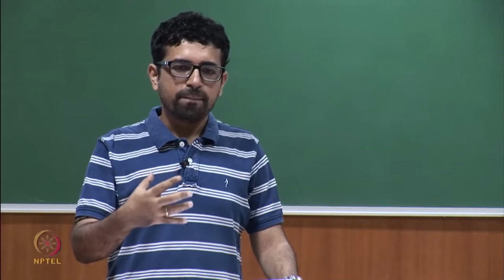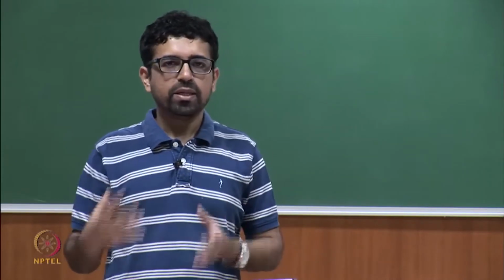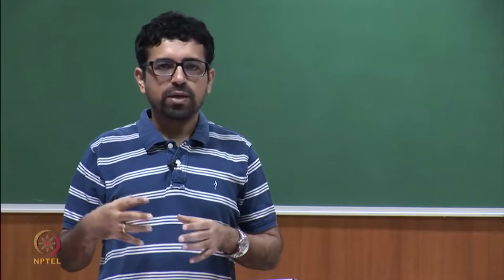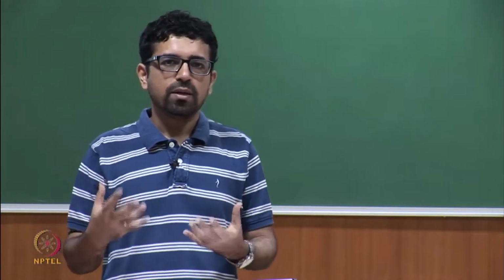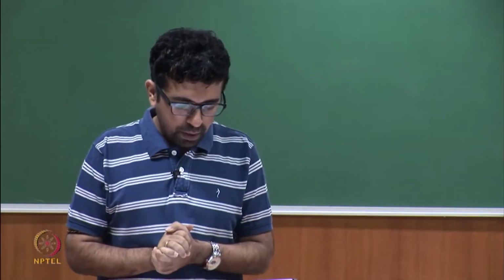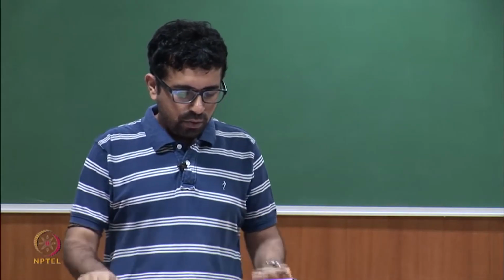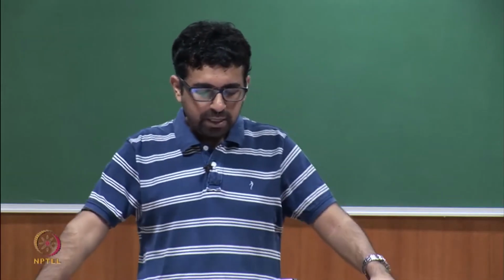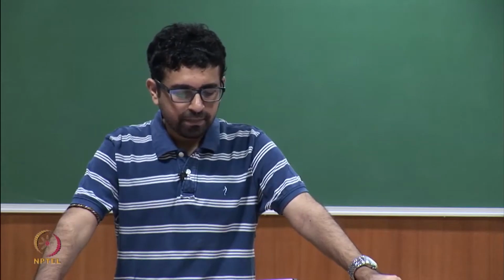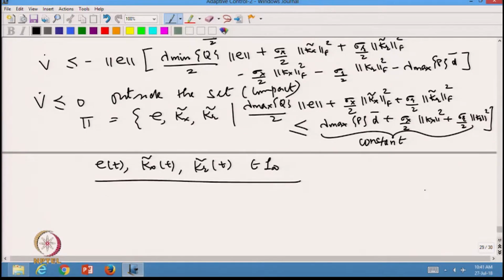Once the trajectories enter this compact set, they stay within this set, because when they try to go outside, V dot will be less than equal to 0. So, all right, what we can say is that the errors are all bounded, which is what we are looking for, right.